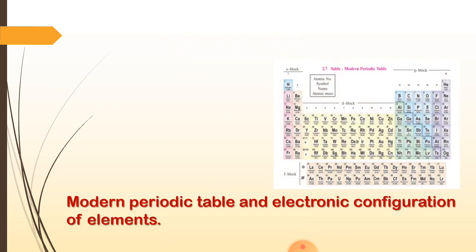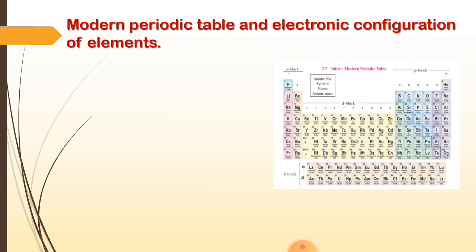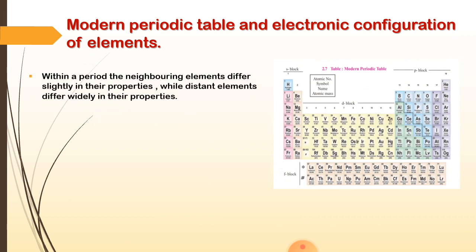So here, next we are going to learn about the modern periodic table and electronic configuration of elements. Within a period, the neighboring elements differ slightly in their properties, while the distant elements differ widely in their properties. Let's take an example of lithium and beryllium.